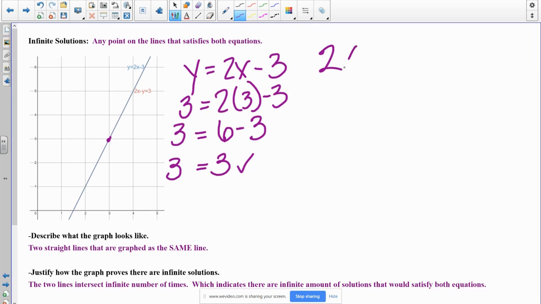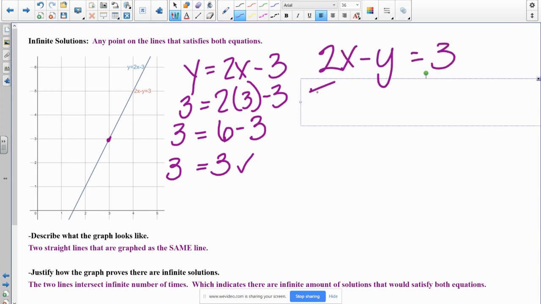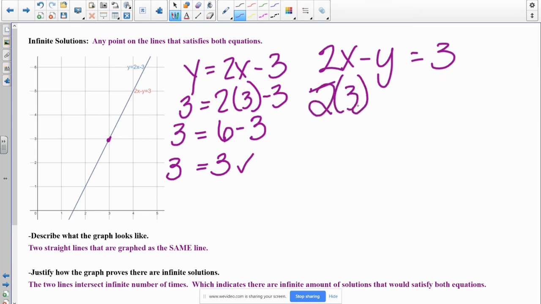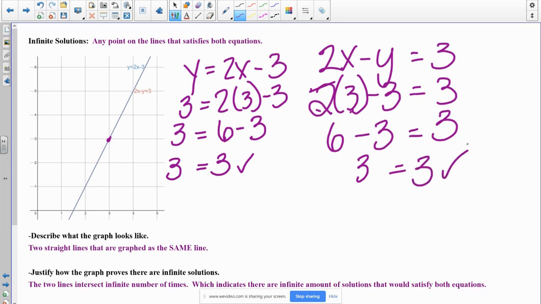We'll check the second equation: 2 times 3 minus 3 should equal 3. Well, 2 times 3 is 6, minus 3 equals 3. That is a true statement. So the point has to be on both lines to satisfy it.